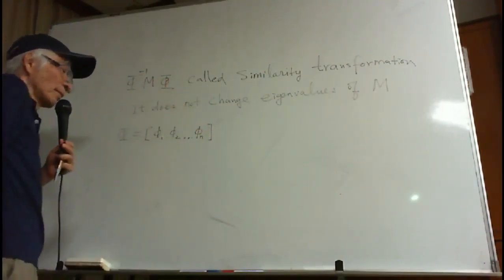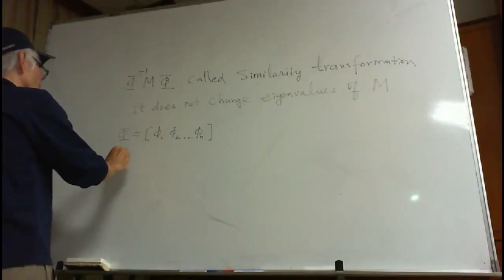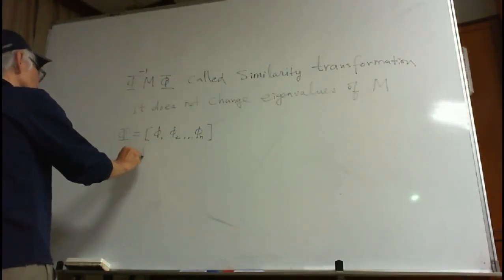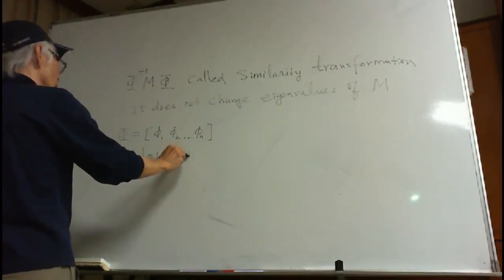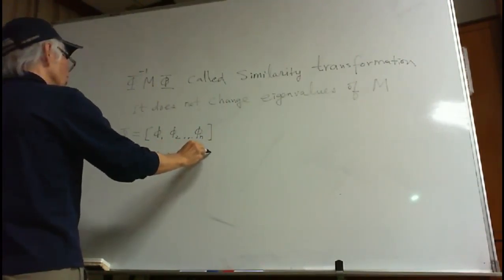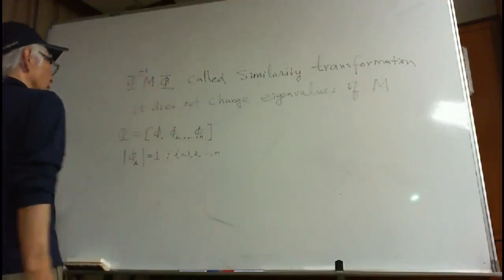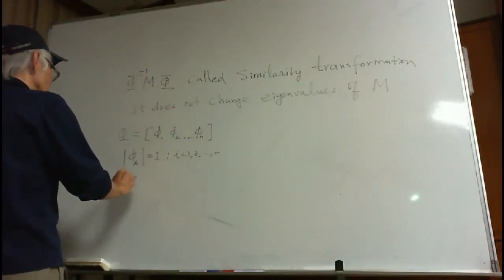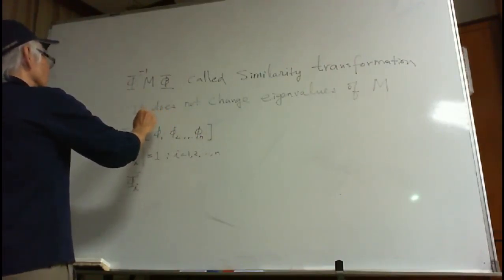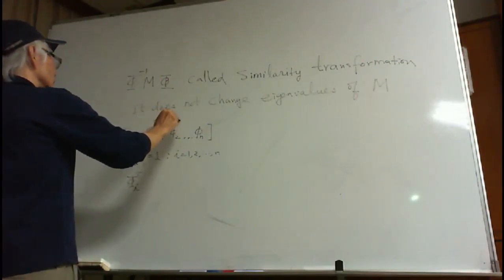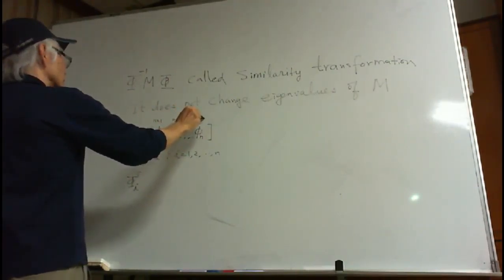The length of phi i equal to 1, i from 1 to n. That means each of these is a vector. Every one has a vector. This is an n by 1 vector.